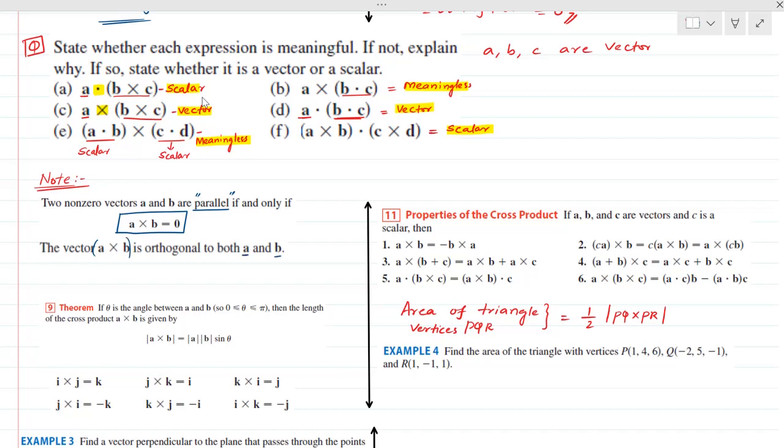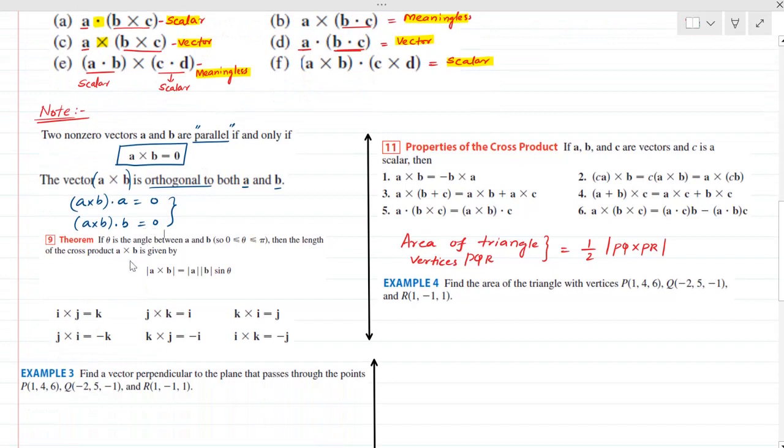The dot product must be equal to 0. So we will take it here: A cross B dot A is equal to 0, A cross B dot B equal to 0. If it is orthogonal to A and B, it must satisfy these two conditions.